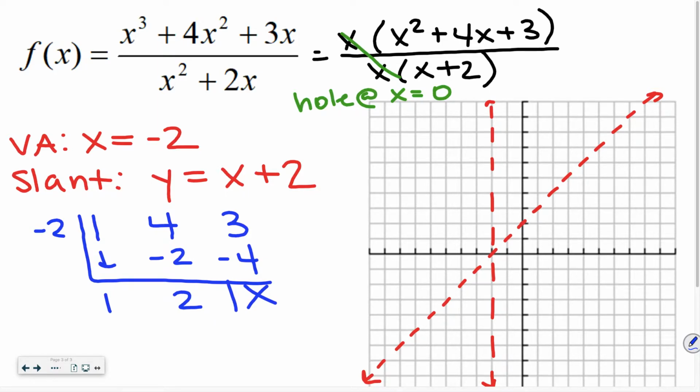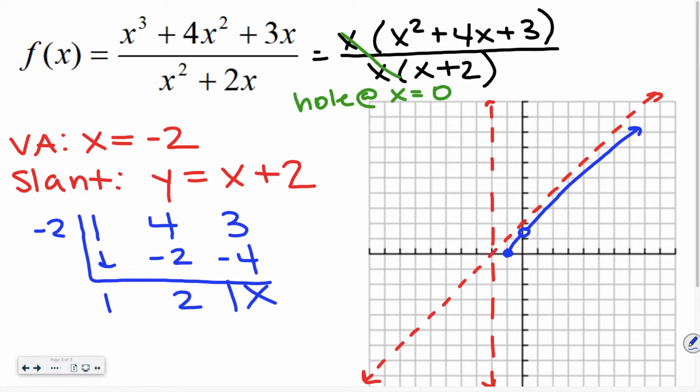What is that? 0. Okay. 0. What happens when we plug in 0? We get 3/2, right? Now, what's happening at 0? We have a hole. So at 0, 3/2, we have a hole.